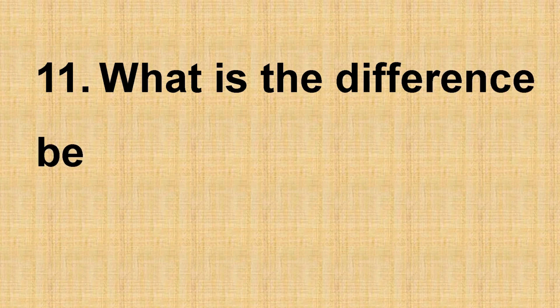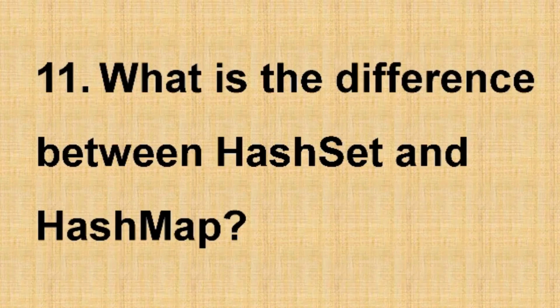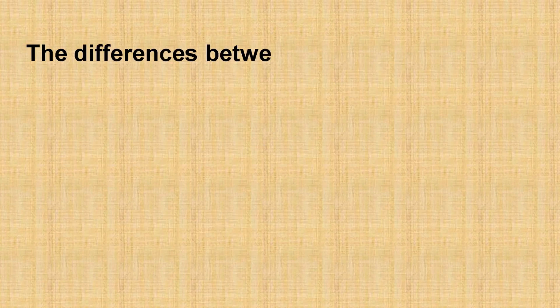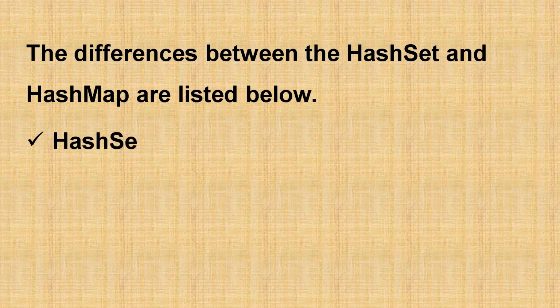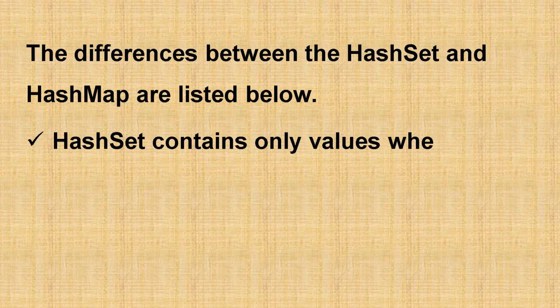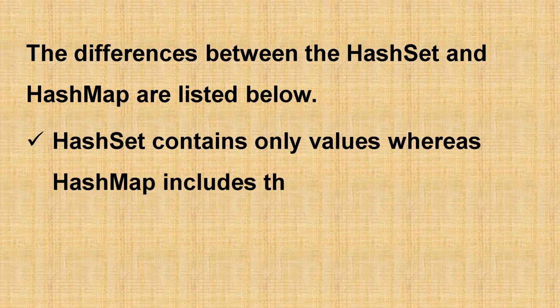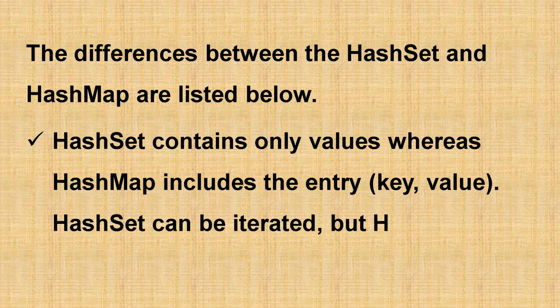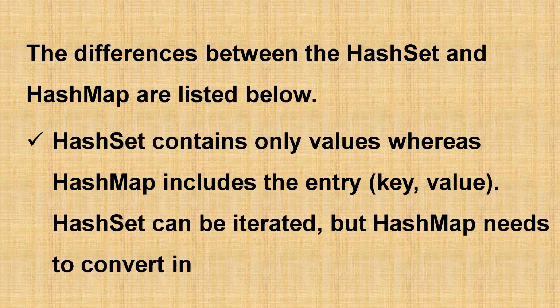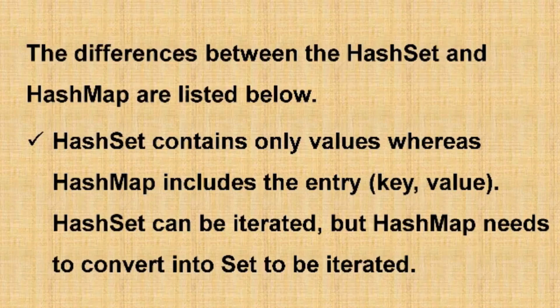What is the difference between hash set and hash map? The differences between the hash set and hash map are listed below. Hash set contains only values whereas hash map includes the entry, key, value. Hash set can be iterated, but hash map needs to convert into set to be iterated.